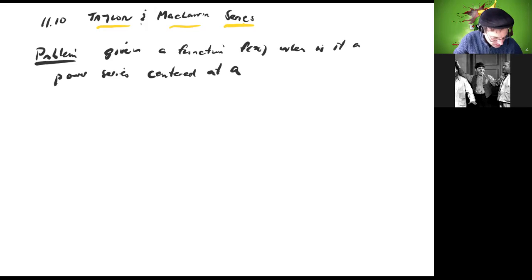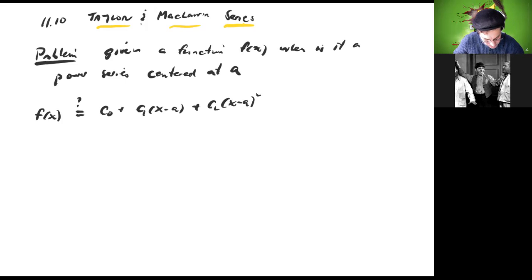In other words, when can I write f of x as c0 plus c1 times (x minus a) plus c2 times (x minus a) squared plus c3 times (x minus a) cubed, and so on. So we have to figure out what the values of the constants, the coefficients, are in front of the (x minus a) to some power. So here's how you can figure out what they are.